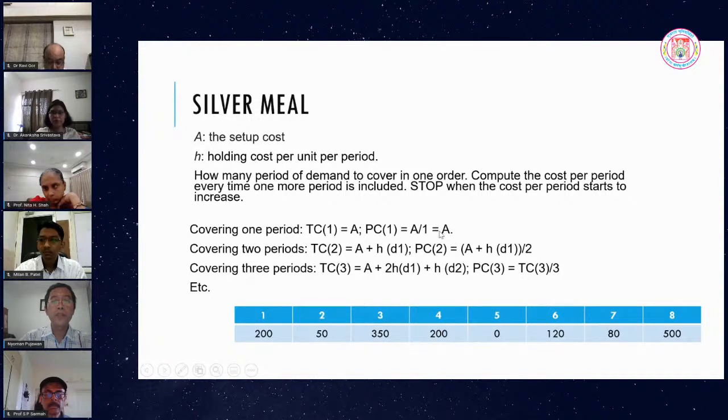If covering 1 period is more expensive than covering 2 periods, meaning the cost per period of covering 2 periods is lower, then you keep moving up to cover 3 periods, until at some point you start observing an increase in the cost per period. Then you stop there, meaning you have already achieved the local optimum, because this is a heuristic procedure that provides a local optimum. So that is Silver-Meal.